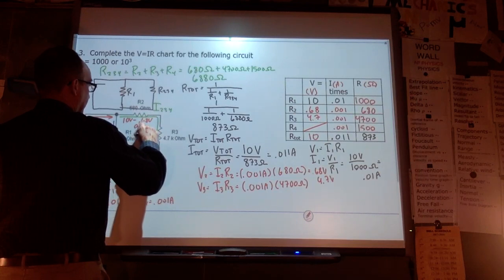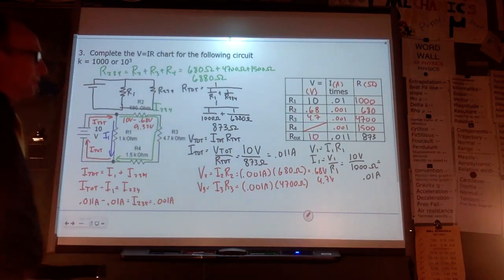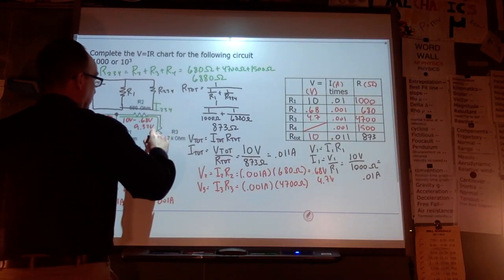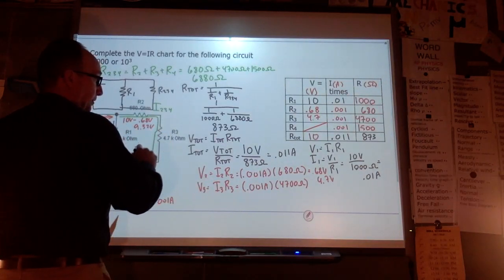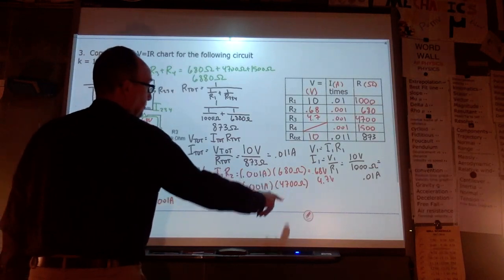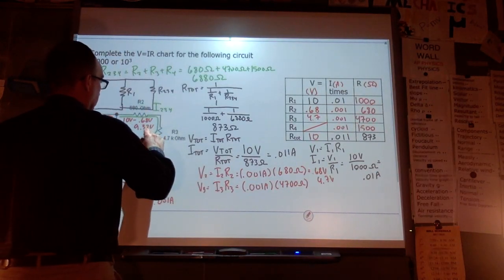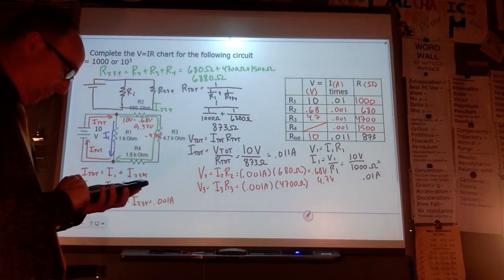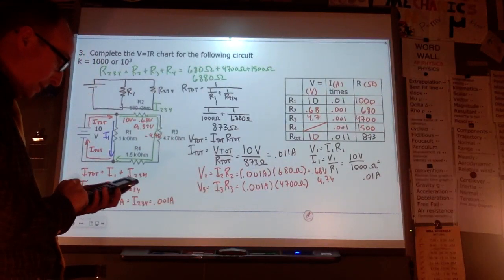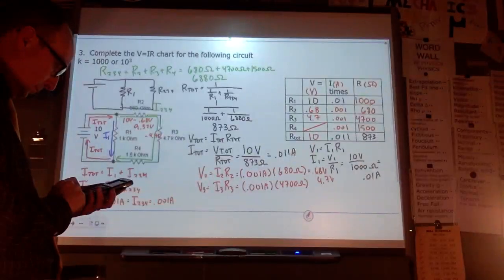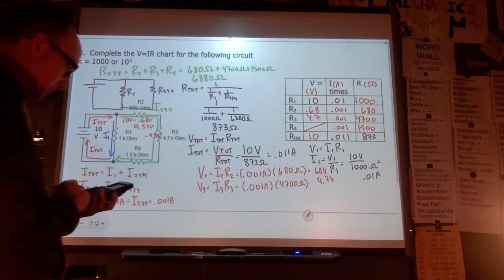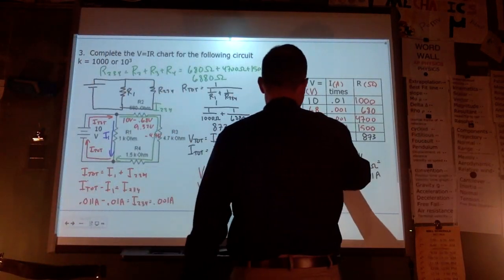So now I have 9.32 volts. And I know when I cross this other resistor, the 4,700 ohms, I lost 4.7 volts. So I'm going to take 9.32 minus 4.7. This is 4.62.